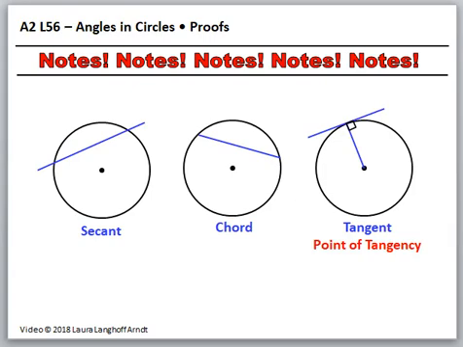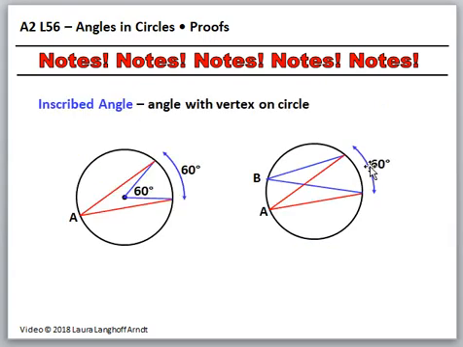So, when we look at this, we know that our point of tangency is right here, and our radius has to be perpendicular to the point of tangency, or the tangent is perpendicular to the radius. So there is that, and let's move on.